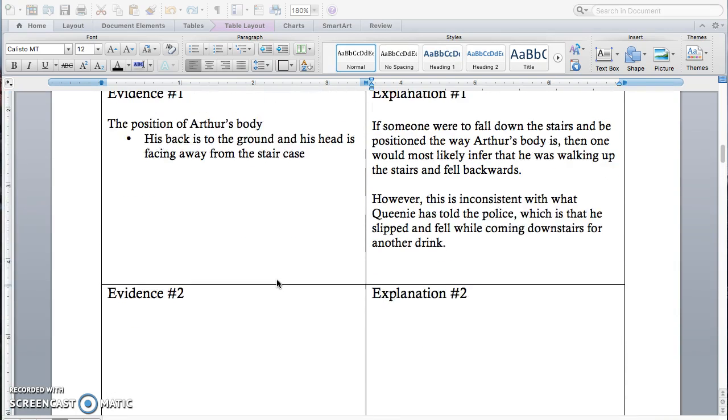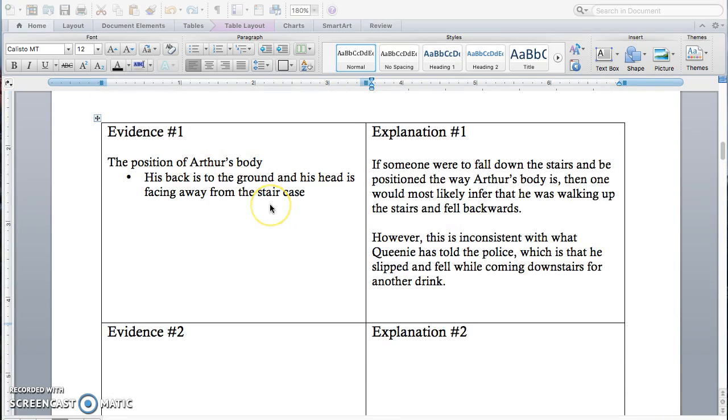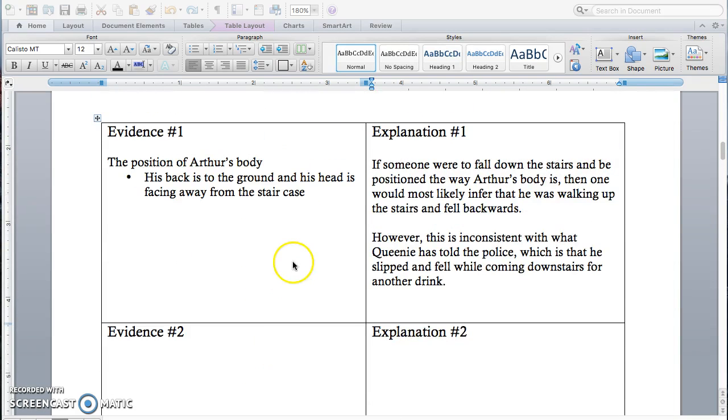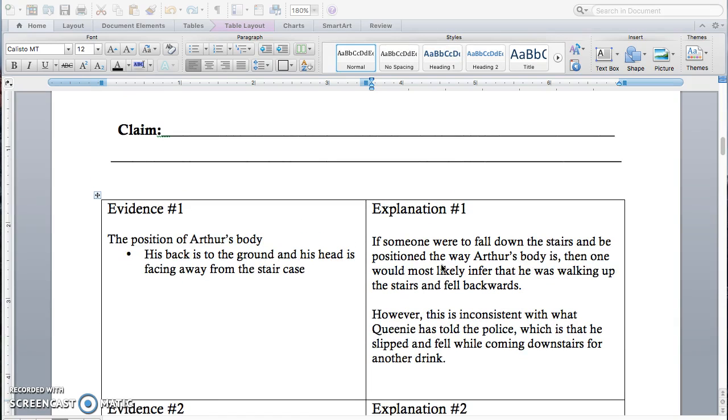Okay? So you'll see that there are spots for 1, 2, and 3 pieces of evidence. For each piece of evidence, you need to provide an explanation of how that evidence proves your argument. At the top here is where you will be putting your claim, because we know that within an argumentative essay, you have a major claim in support of a certain side, followed by 3 pieces of evidence to support that claim.